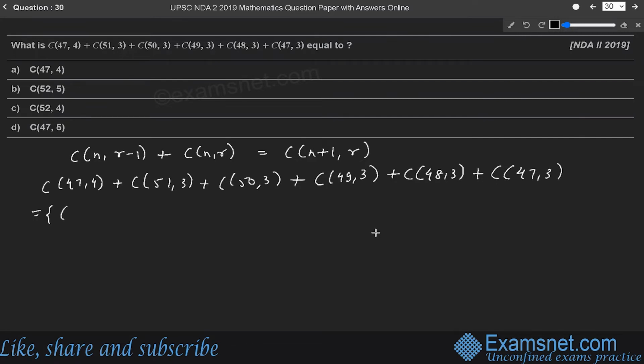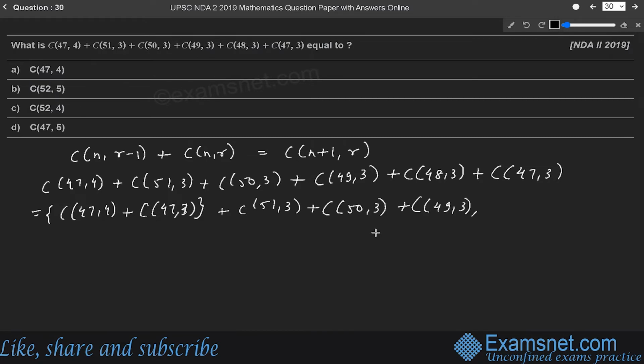So it will be equal to C(47,4) + C(47,3) + C(51,3) + C(50,3) + C(49,3) + C(48,3).